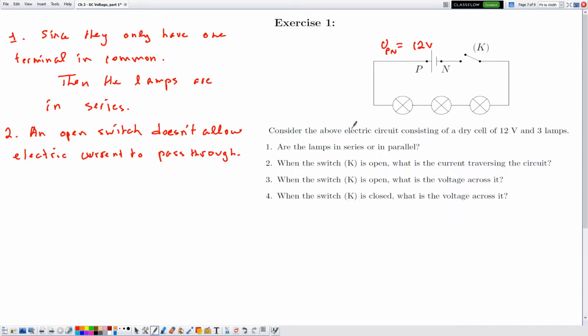Because an open switch doesn't allow electric current to pass through, the value of the electric current, denoted by I, will be 0.